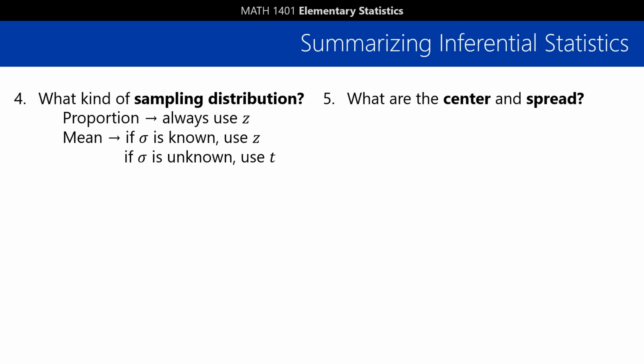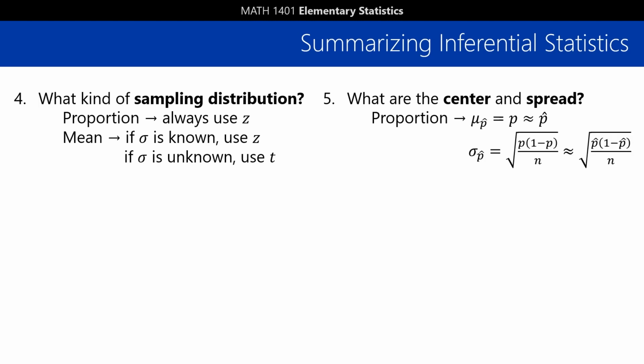Once we know what kind of sampling distribution we have, we need to figure out its center and spread. For proportions, the sample proportions, p hat, will tend to be centered around the population proportion, p. And the standard error will be the square root of p times 1 minus p over n. Or if we don't have p, like if we're doing a confidence interval, we can just use p hat instead.